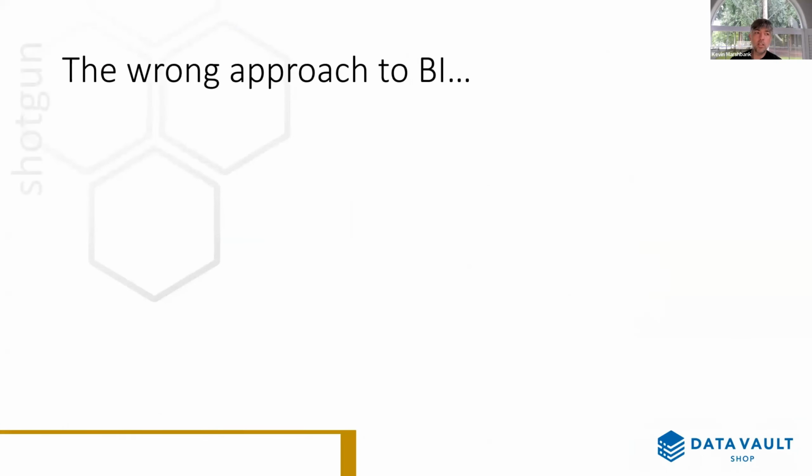So the wrong approach, let's talk about that first. I've got shotgun in gray in the upper left. Really, this is the approach that companies are still taking all the time today: an individual pipeline approach to building their data warehouses and providing data to the business. There is a business request.